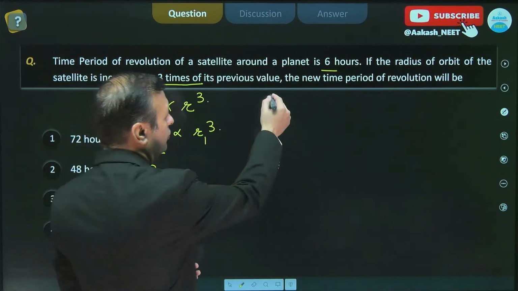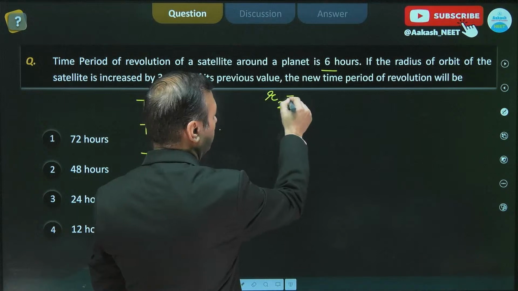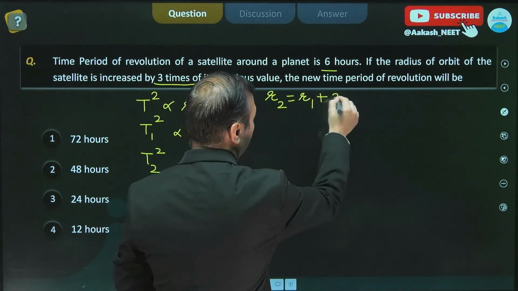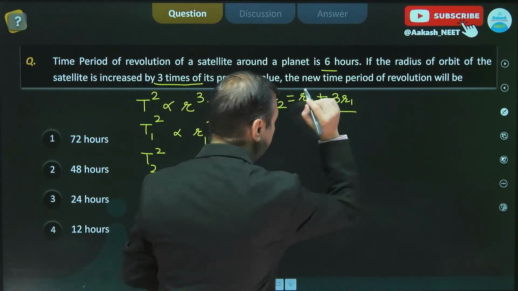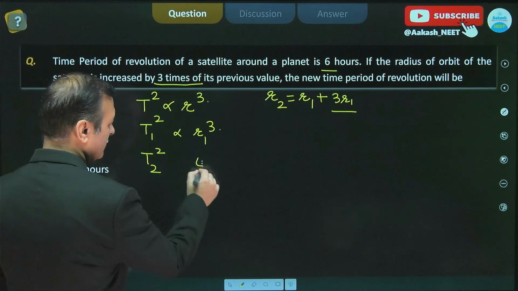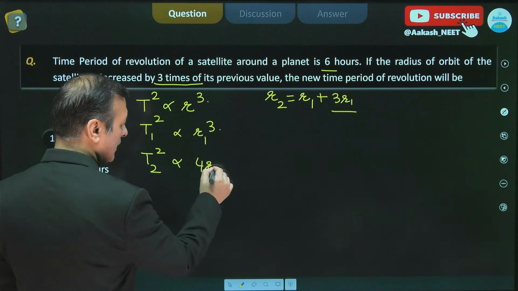So your R2 would be R1 plus 3 R1, so this is the actual statement. That means it becomes 4 R1.